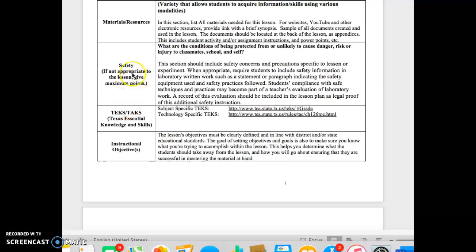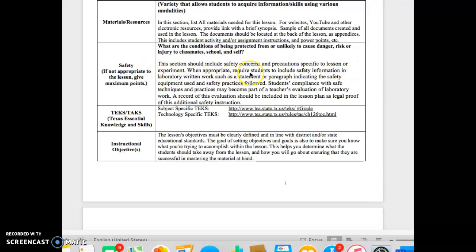Next, you want to point out the safety, and it says if not appropriate to the lesson, you can give maximum points. So it says what are the conditions of being protected from or unlikely to cause danger, risk, or injury to classmates, school, and self. So this section should include safety concerns and precautions specific to lesson or experiment.